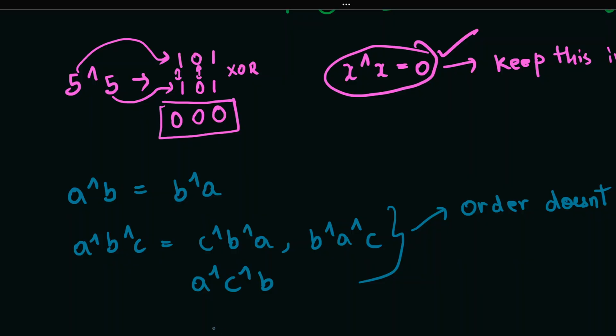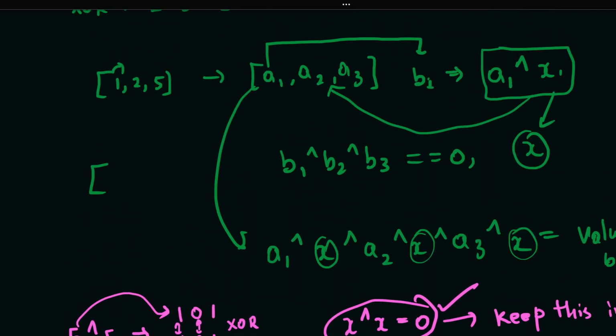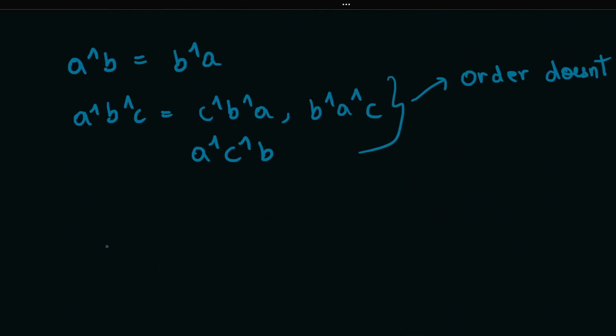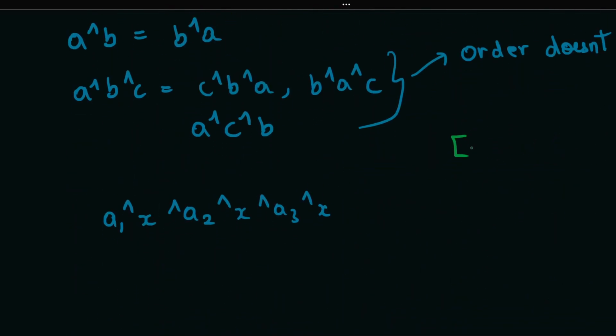Now, let's take our question's test case here. It is nothing but A1 XOR of X, A2 XOR of X, A3 XOR of X. So let's write it down: A1 XOR of X, XOR of A2 XOR of X, XOR of A3 XOR of X. And what was our array? The array is 1, 2, 5.